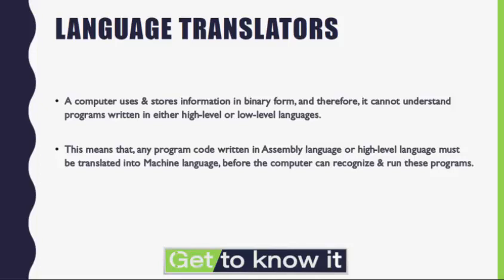Now, what's a translator? A translator is a special system software used to convert the source code or program statements written in any of the computer programming languages to their object code equivalents. The translator resides in the main memory of the computer and uses the program code of the high-level or assembly language as input data.